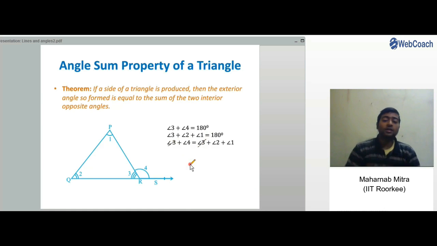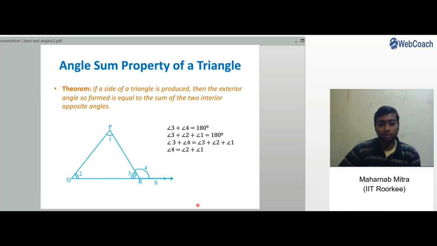And finally we arrive at the result: angle 4 equals angle 2 plus angle 1, right? So we have proved that the exterior angle is equal to the sum of the two interior opposite angles. So angle 4 equals angle 2 plus angle 1, and this is true for any triangle.